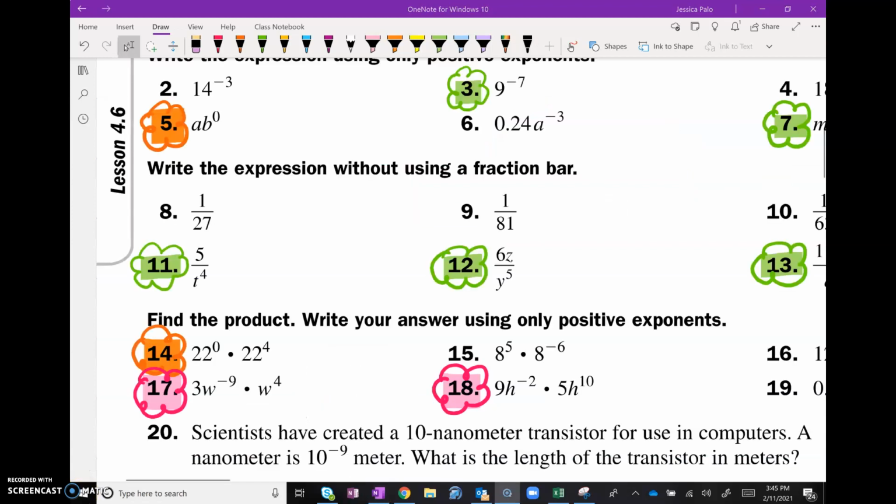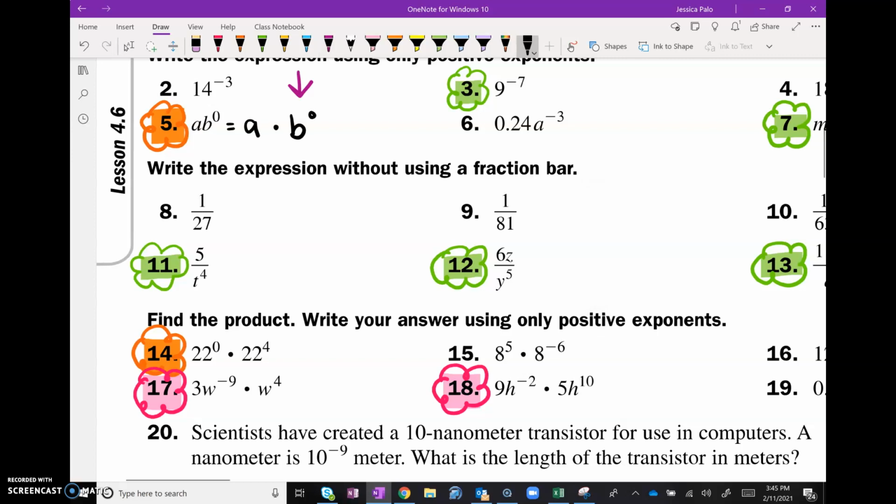Now let's practice those zero exponent rules. You are going to do number 5 and number 14. The first one, number 5, is ab to the 0 power. Remember, that's a times b to the 0 power. The only thing being raised to the 0 power is b to the 0 power.